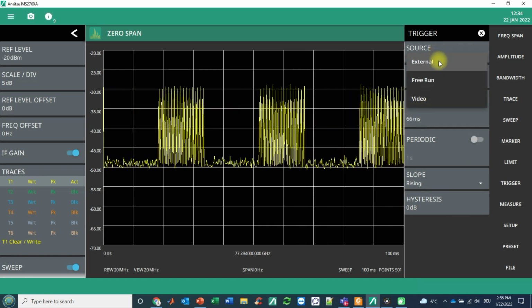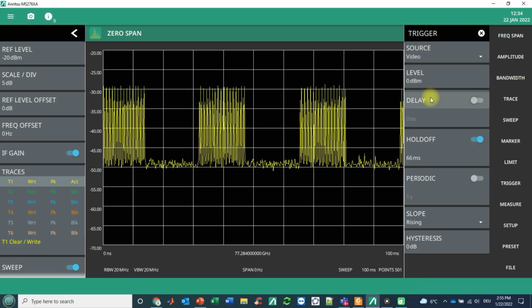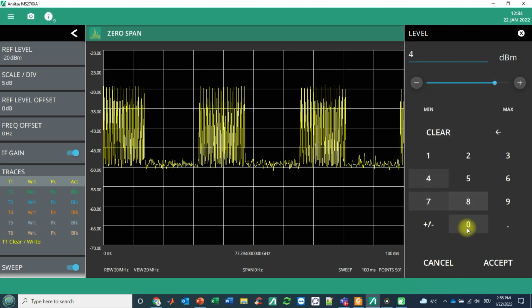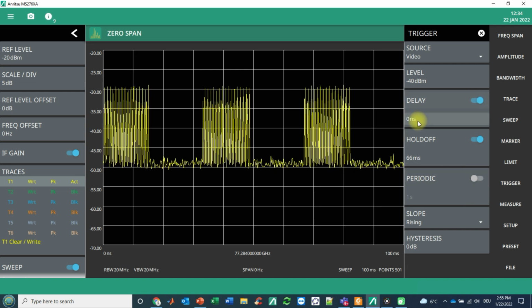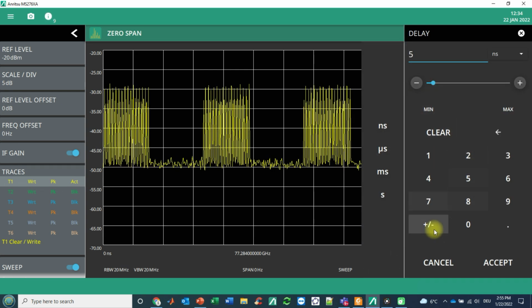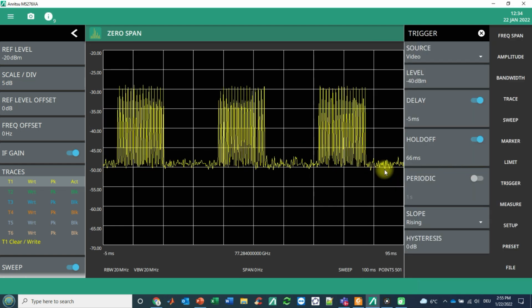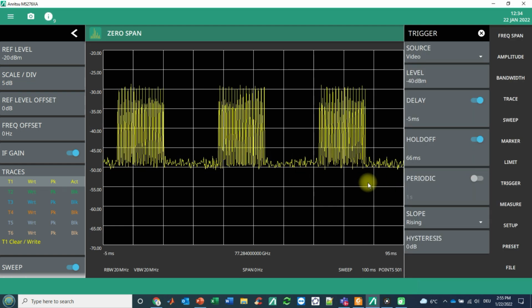We are going to video trigger source. Let's use here a level of minus 40 dBm. And let's use here a negative trigger delay of minus 5 milliseconds.